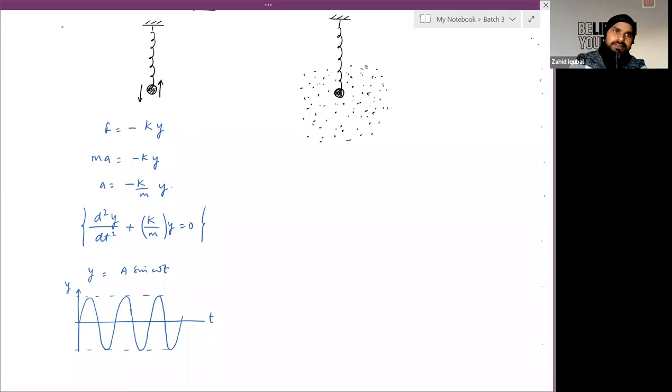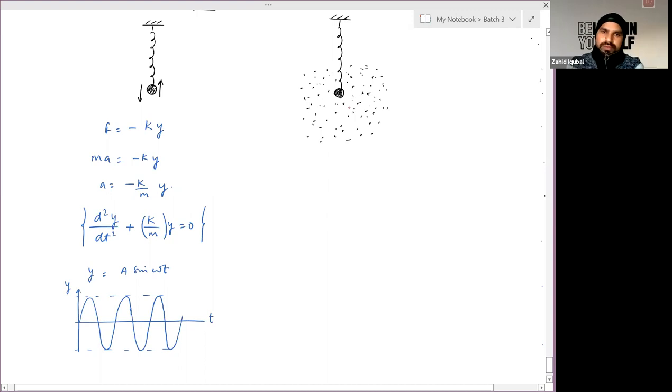But in the second part, due to its motion, a viscous force or drag force will also act on this part. So the net force in this case will include minus B times V. I defined this particular term in viscosity, in Stokes' law.